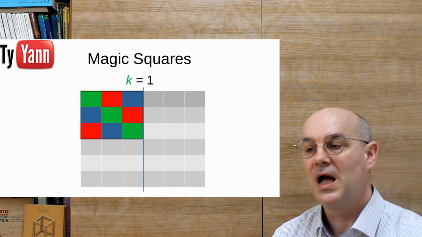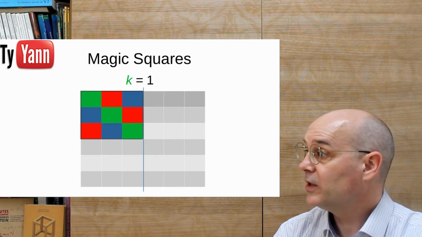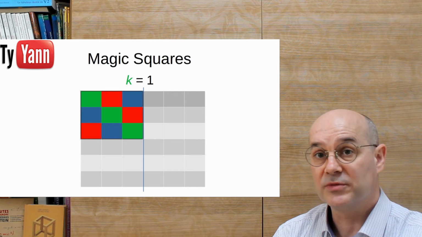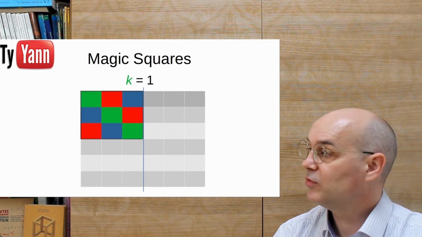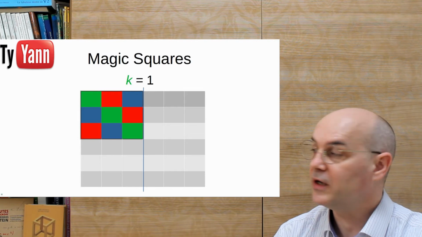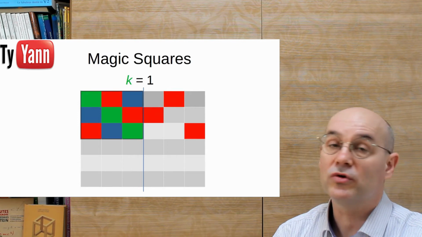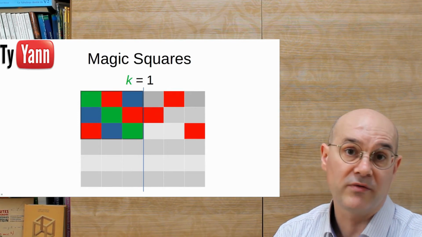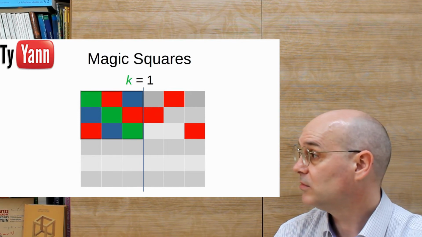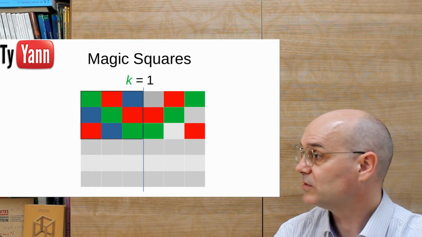Now we are going to make a vertical symmetry, and we're going to put the red on the other side, on the right, symmetrically.